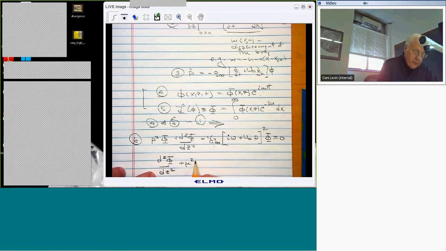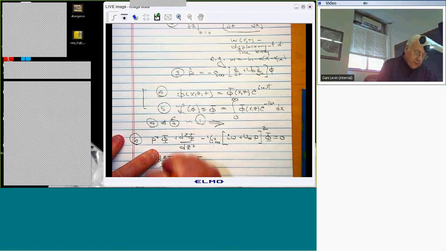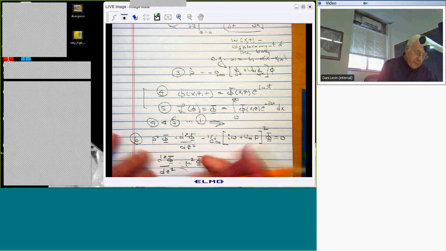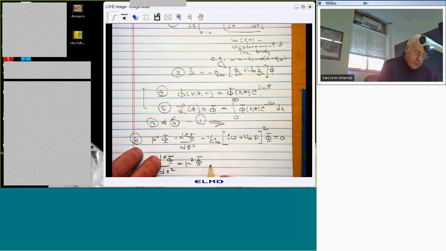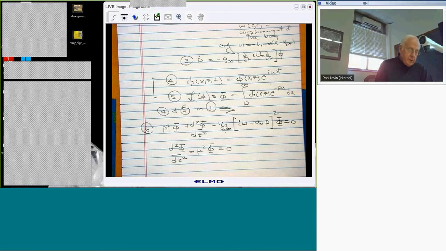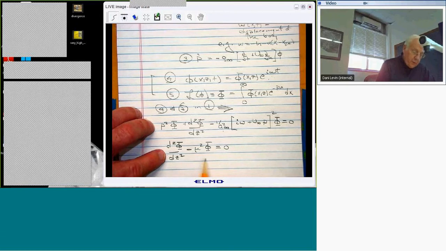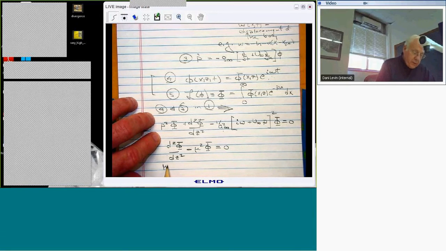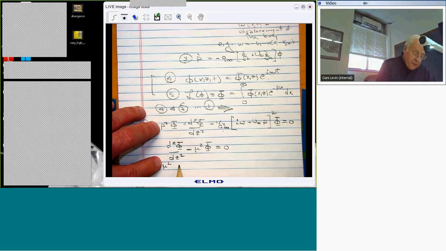U squared phi. Minus v squared. Yeah. Now, therefore, mu squared is just everything that multiplies phi with a proper sign. So it's going to be the Mach number squared.